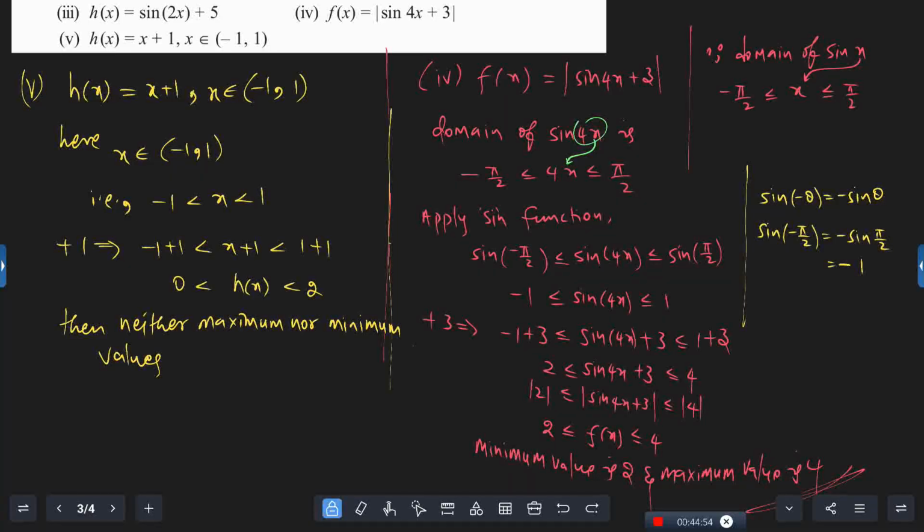If you want, you can write it in this sense. If 0.1 is the minimum value, then 0.0001 is small compared to 0.1. If you take 0.00001, it is small compared to 0.001, so no minimum.